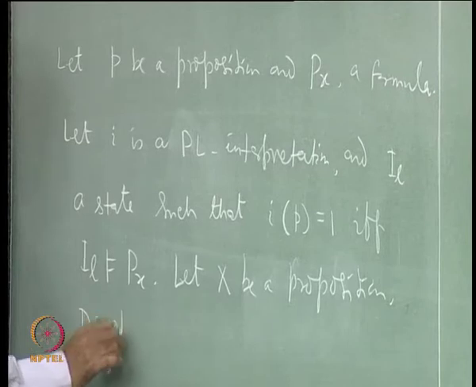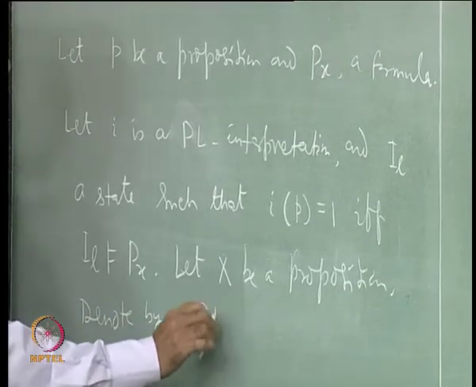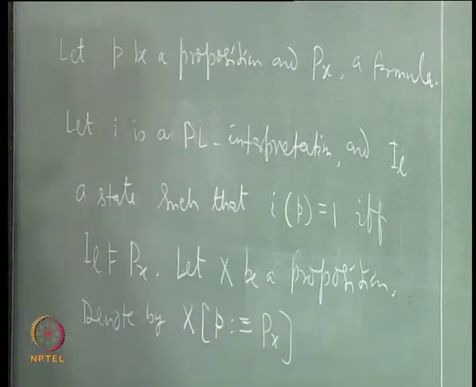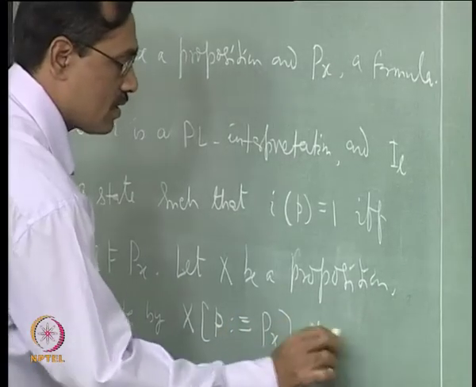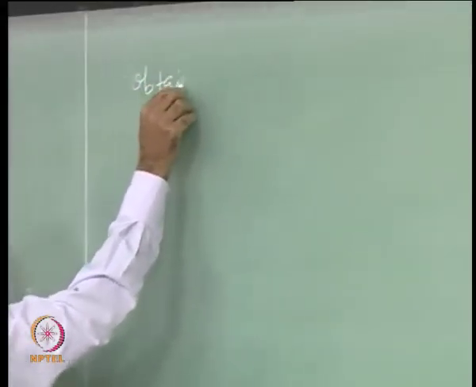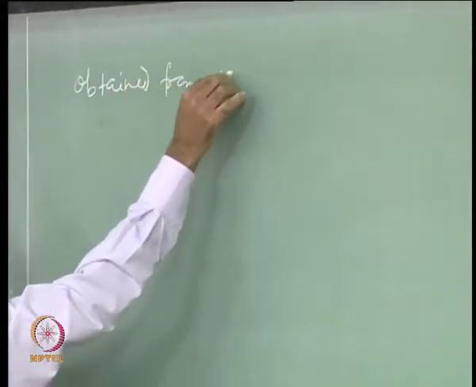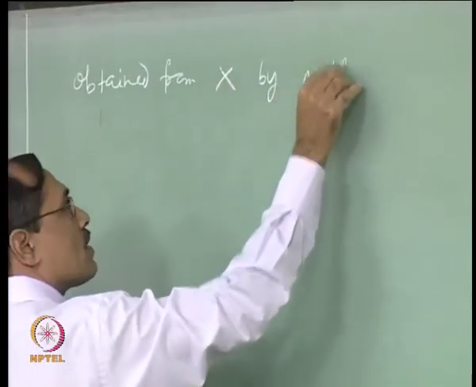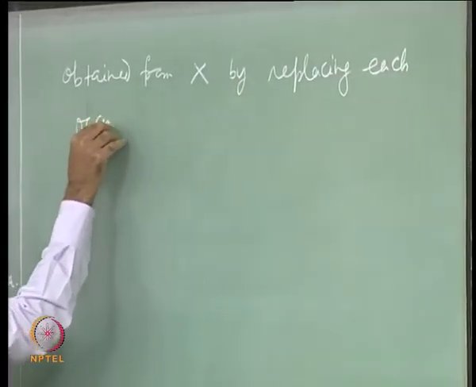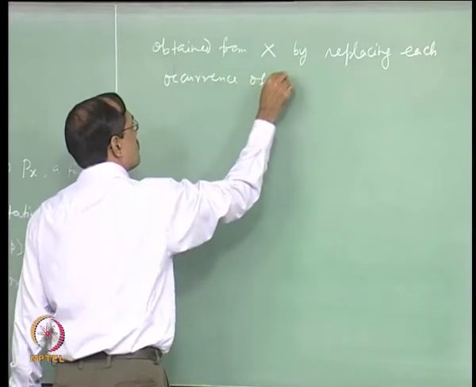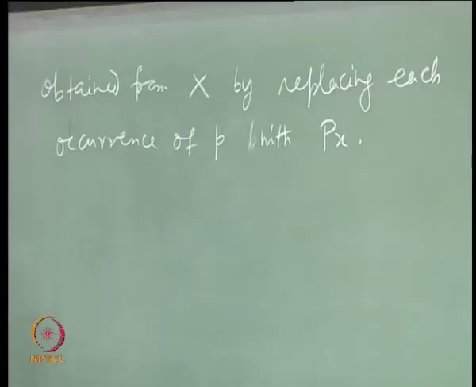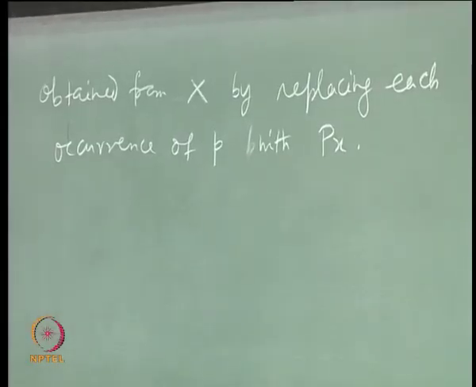Denote by x with p substituted by Px the formula obtained from x by replacing each occurrence of p with Px.